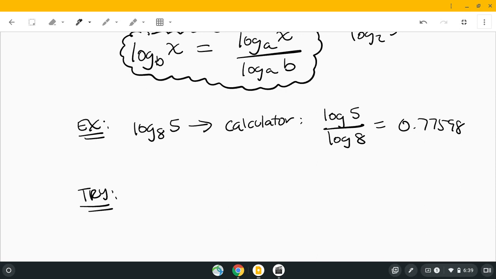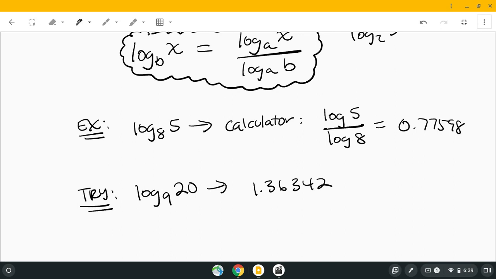Okay. Try this one on your calculator. Make sure you can do this. Log base 9 of 20. Punch that into your calculator and see if you get 1.36342. If you get this, then you're entering everything correctly. If you use the common log, great. Now go ahead and try it with the natural log, base e, ln.